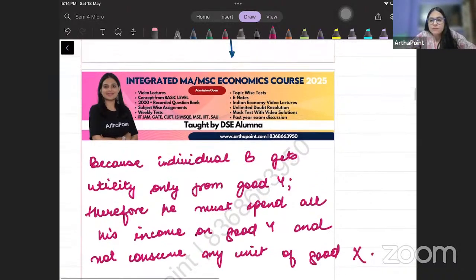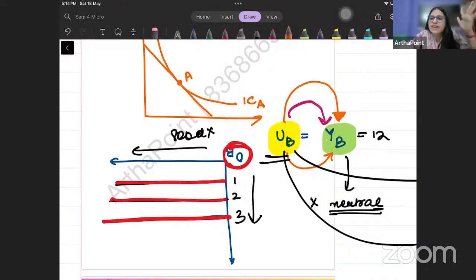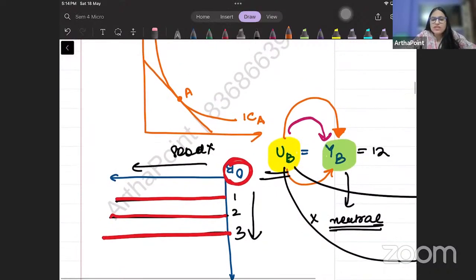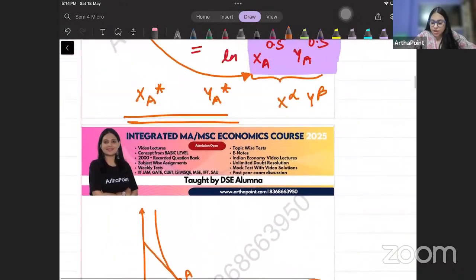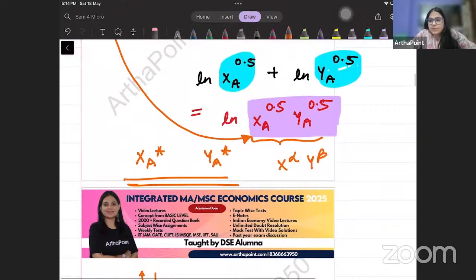समझो बेटा. जब हम individual B की बात कर रहे हैं, individual B is getting all his utility only from good Y. So अगर उसको utility मिल ही good Y से रही है, there is no reason he will consume good X. So he will spend all his income on good Y. But जब हम individual A की बात करते हैं, he has well-defined preferences.